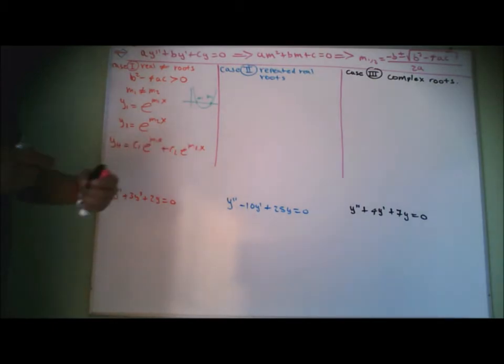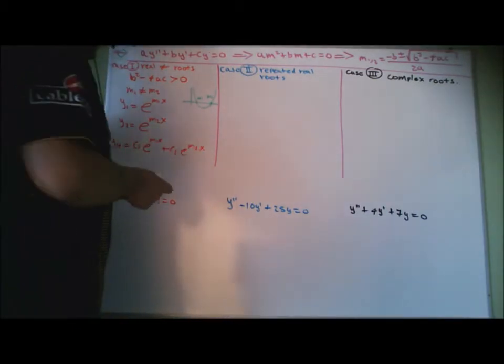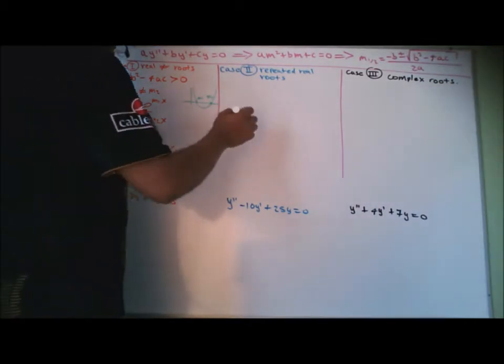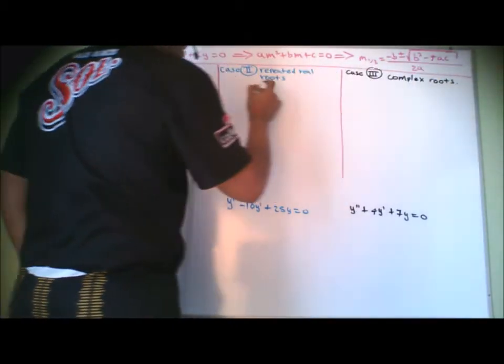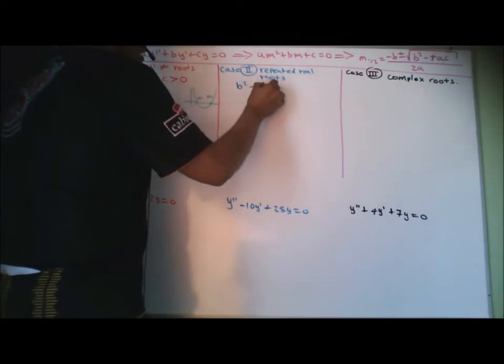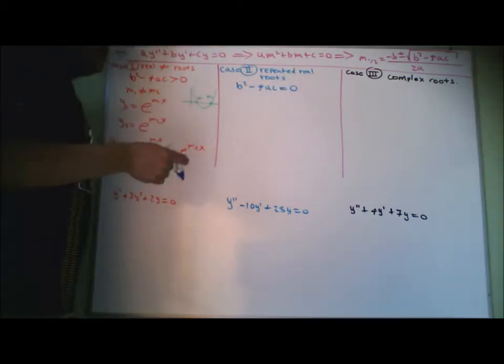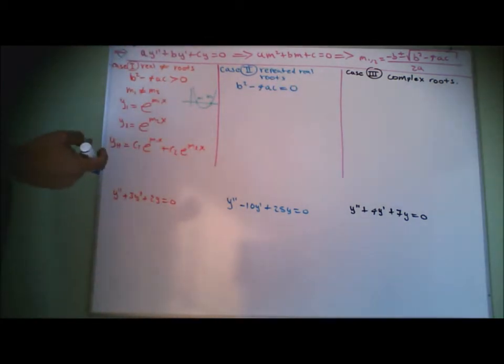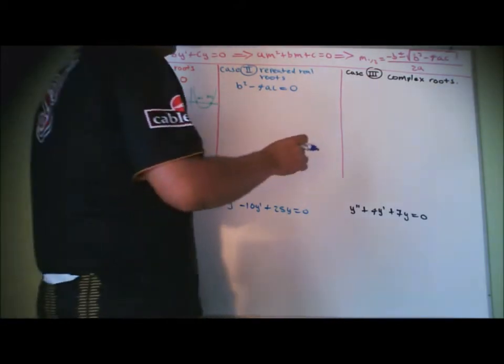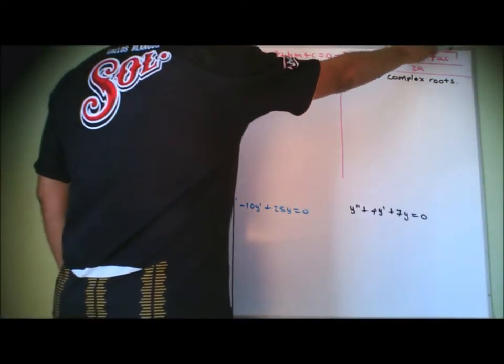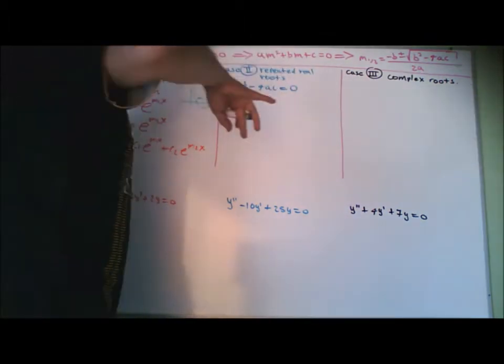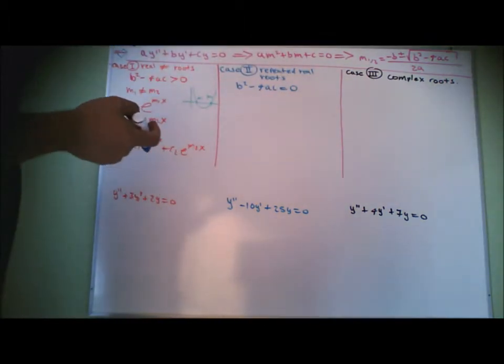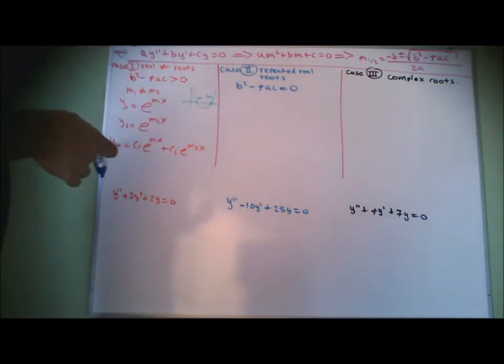Now, repeated real roots take place when, again, b squared minus 4ac is exactly equal to 0. So it's going to be minus b plus 0 and minus 0, so it's still real roots but repeated.